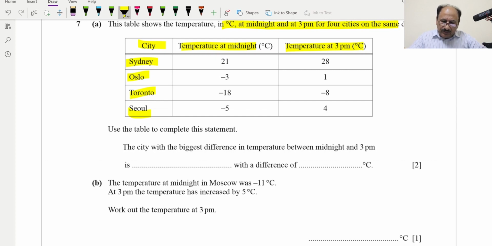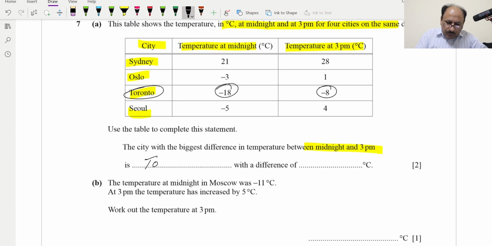Use the table to complete this statement. The city with the biggest difference in temperature between midnight and 3 p.m. is which one? The major difference, if we check, is minus 18 and minus 8. So this will be a 10 degrees difference, and the city is Toronto.